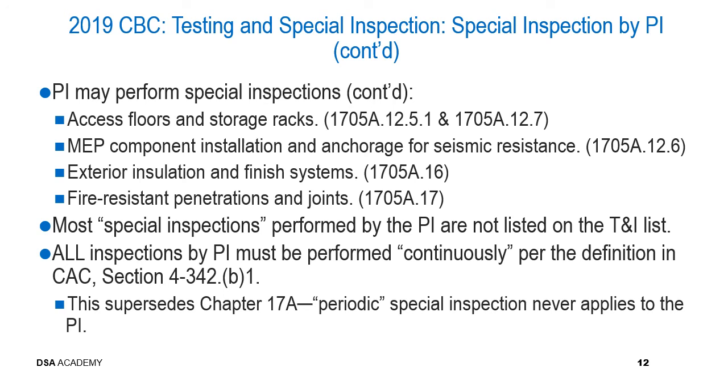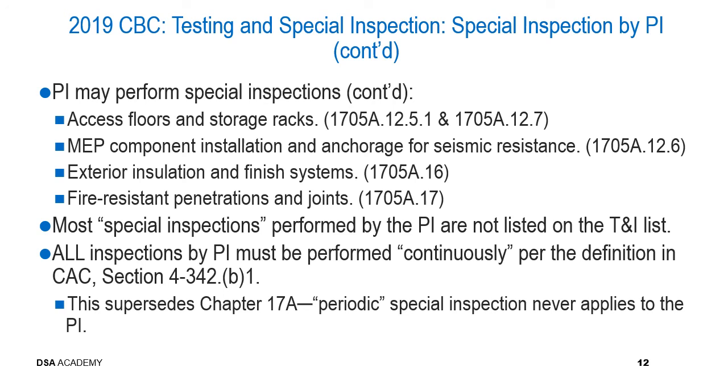I want to note that most of the special inspections that are performed by the PI are not listed on the T&I list on the 103 form. Since the project inspector is responsible for inspecting all the work anyway, it wasn't really necessary to include each of these items on the T&I list.